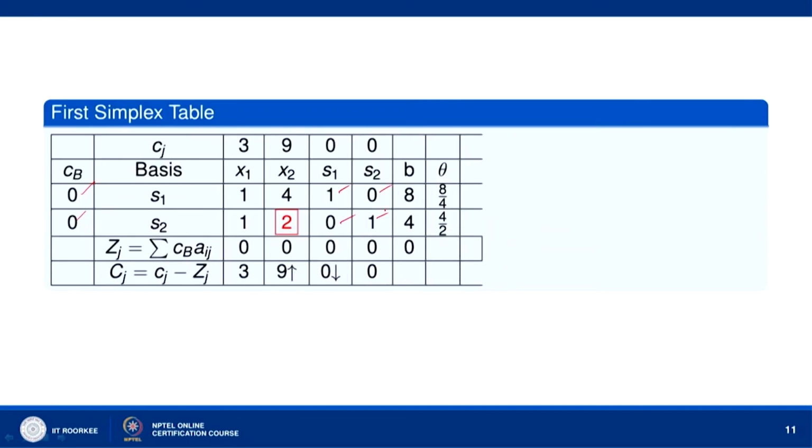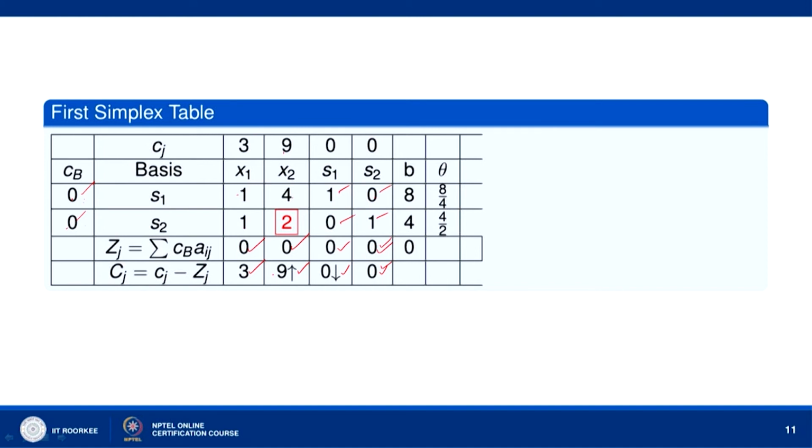Then we can find zj. Zj is 0 into 1 plus 0 into 1, so 0, and then 0 into 4 plus 0 into 2 is 0, and so on. Cj minus zj gives 3 minus 0 is 3, 9 minus 0 is 9, 0 minus 0 is 0, and 0 minus 0 is 0.